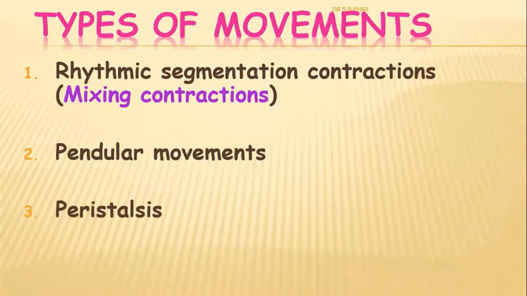Then we have peristalsis. There is a peristaltic mechanism that will help propel the chyme from point A to point B. Those are called peristaltic contractions. Just like in the esophagus, when you swallow, the bolus is pushed down to the stomach via peristaltic contractions.